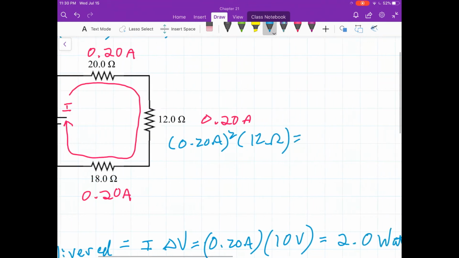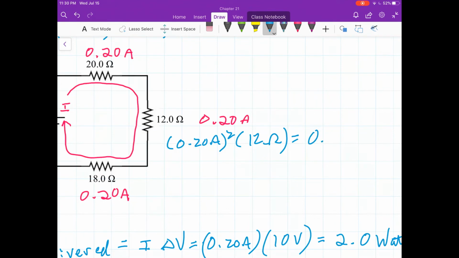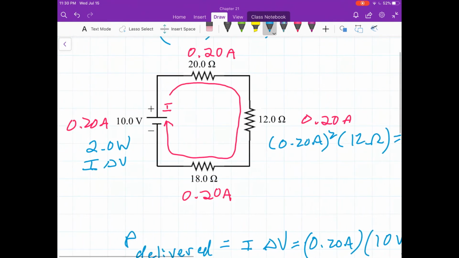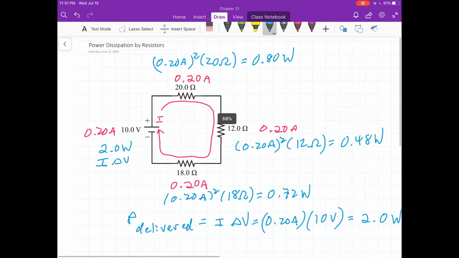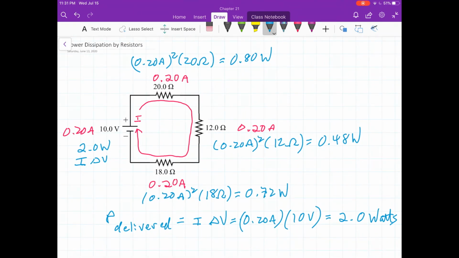That's equal to 0.48 watts. Now we got this resistor here, same current. The power dissipated, current squared, times 18 ohms. That's equal to 0.72 watts. So there you have a picture of all the power in the circuit.